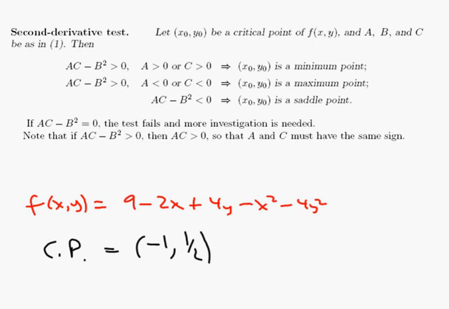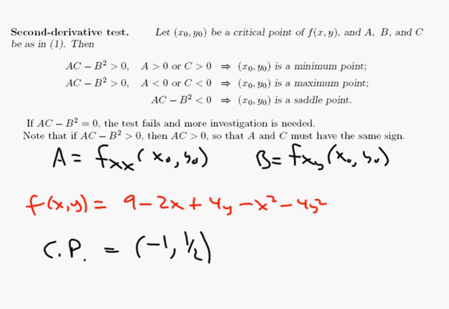What we'll do is try and apply this second derivative test. Now let's remind ourselves, capital A stands for the second partial derivative with respect to x at the point x0, y0. Capital B stands for f sub xy at the point x0, y0.